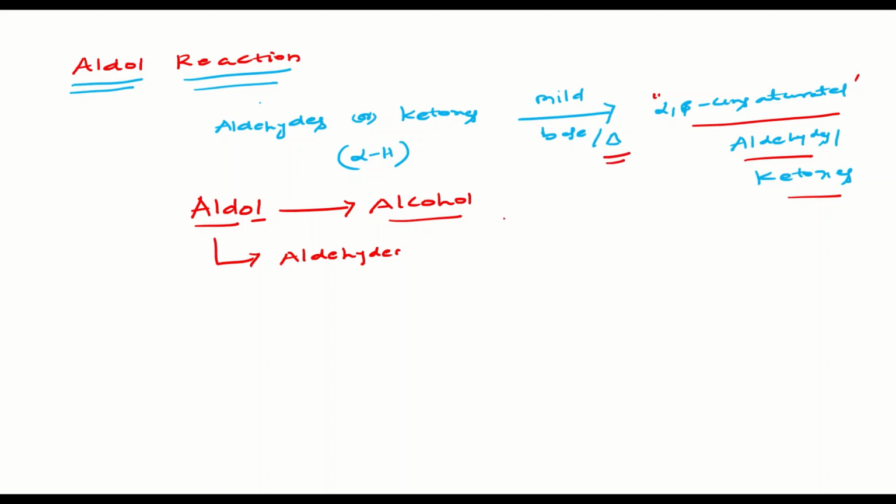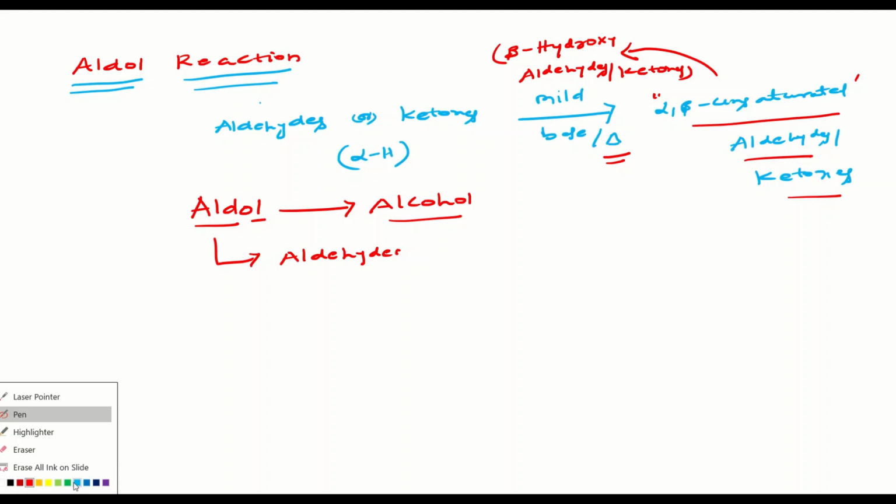If I don't use high temperature, the intermediate compound that we are going to get here is beta hydroxy aldehyde or ketone. Again, you may ask why this is called aldol. Why not ketol, the ketol reaction?